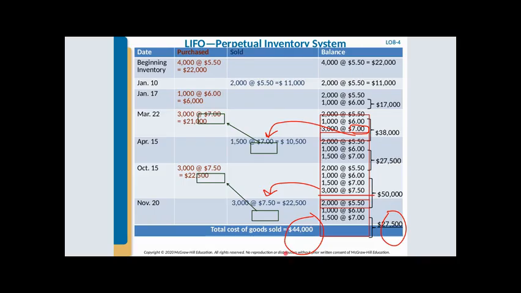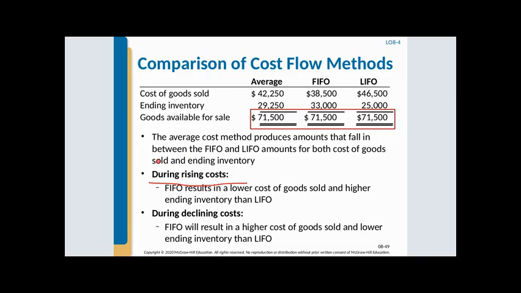In that case, FIFO will result in a lower cost of goods sold than LIFO, because FIFO allocates the earliest, cheaper purchases to cost of goods sold, and the latest, more expensive purchases stay on the balance sheet.